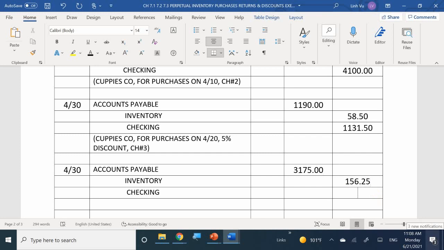All right, so what is going to be my total check that I'm going to be writing out for? $3,175 minus $156.25. So what's my grand total there? $3,018.75.